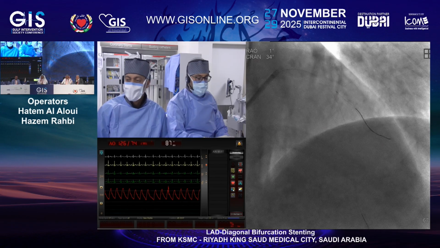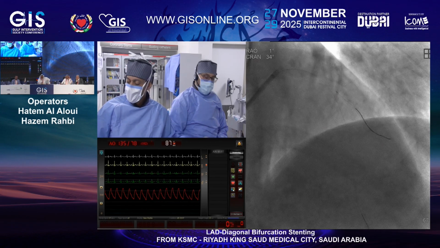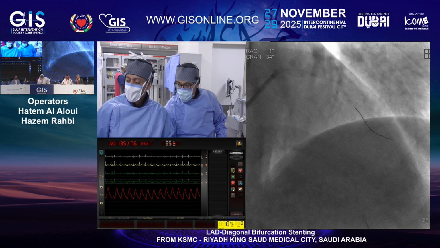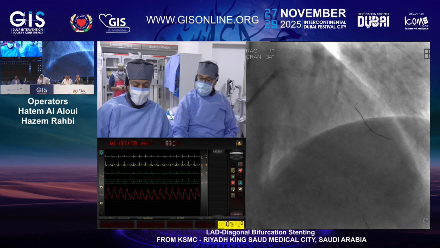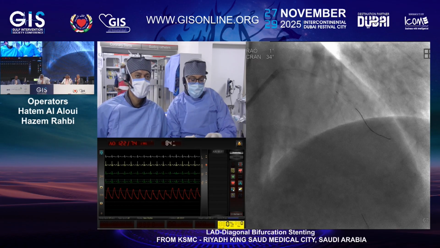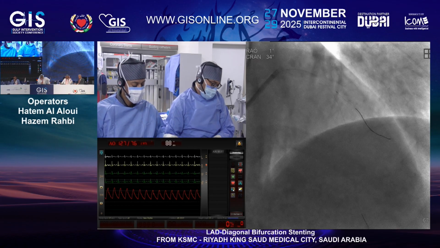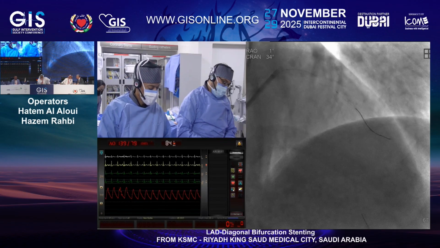But we'll go, of course, just nominal, not high pressure. The vessel is only 3.0. So nominal 3.0, long inflation. Probably 30 seconds.